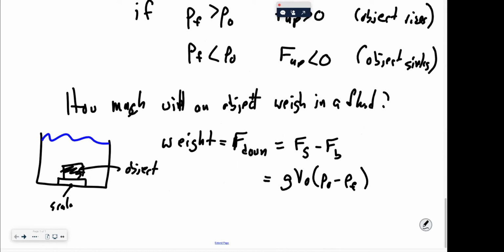So what if you take away the water? There is no buoyant force. This resorts to g times V object times rho object, which is just g times the mass of the object, which is mg, which is the force you expect to be happening there. So it's basically that minus the buoyant force that it's feeling gives you the new force. And obviously, if that's negative, the thing is going to rise to the surface and it's not going to be exerting any force on the scale at all. Okay, that's another example.